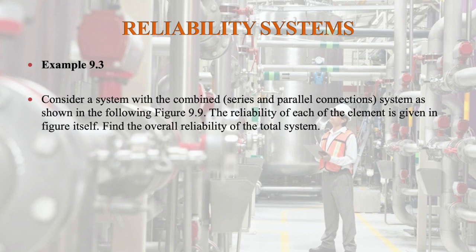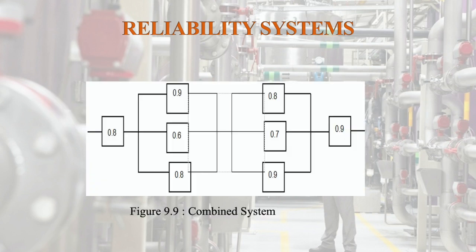By taking one example, one can understand better. Consider a combined system as shown in the following figure 9.9. The reliability of each of the elements is given in the figure itself. Find the overall reliability of the total system. Here all the reliabilities are shown in the figure.